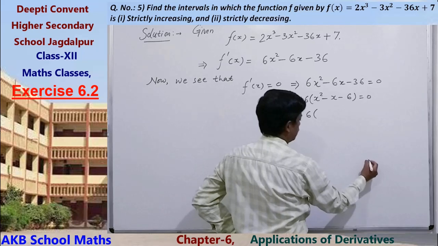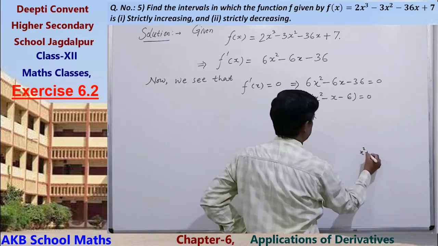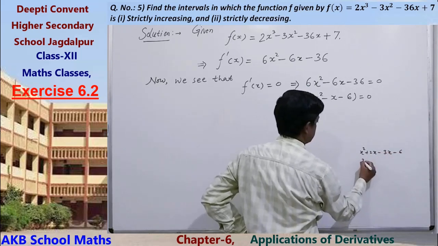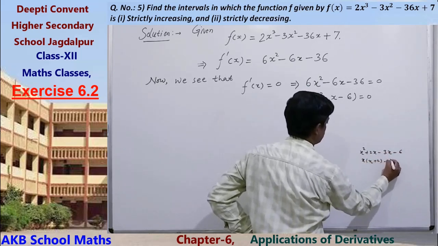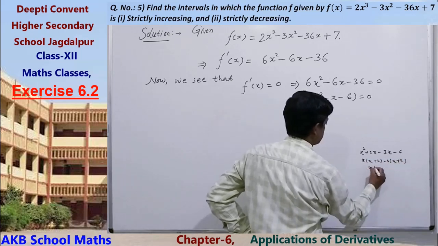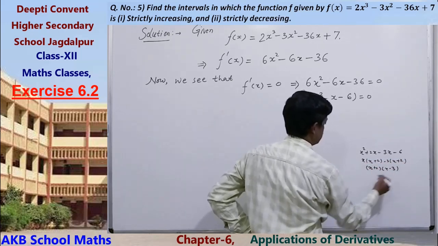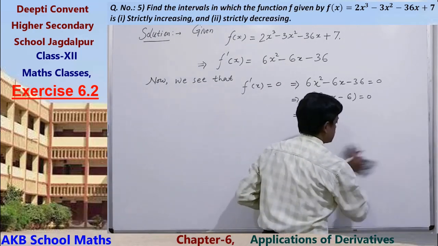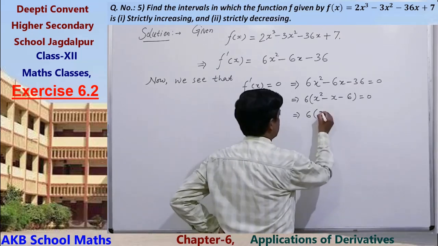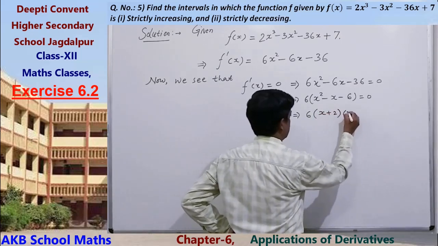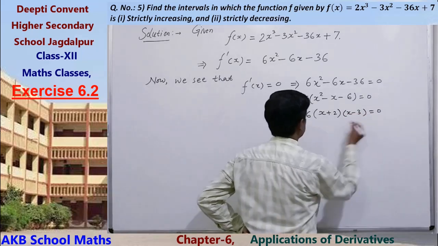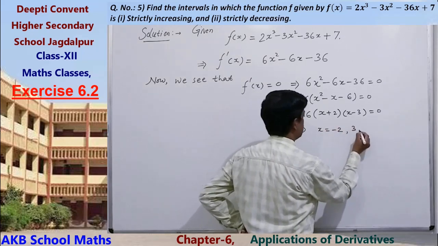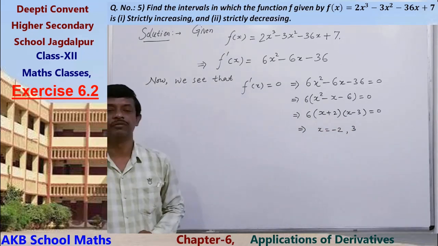So x square plus 2x minus 3x minus 6, that means x common, x plus 2, minus 3 common, x plus 2, that is x plus 2 and x minus 3. So x plus 2 and x minus 3 equals 0 implies x equals minus 2 and 3.